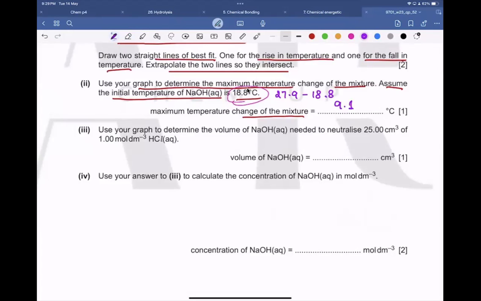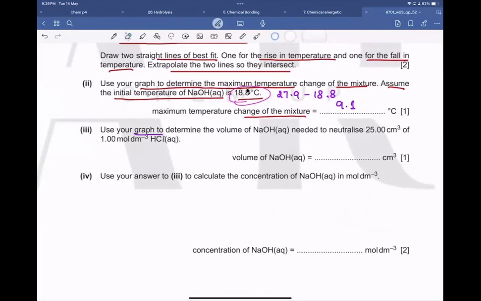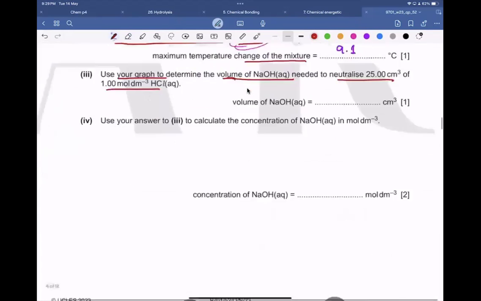Now next part. Use your graph to determine the volume of sodium hydroxide needed to neutralize 25 cm³ of 1 mol per dm³ hydrochloric acid.